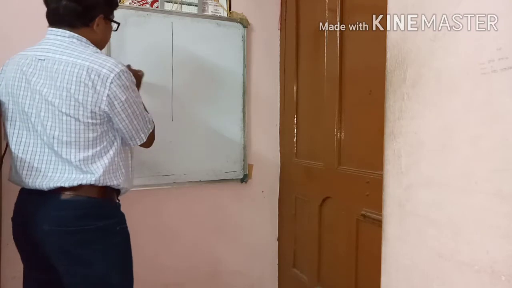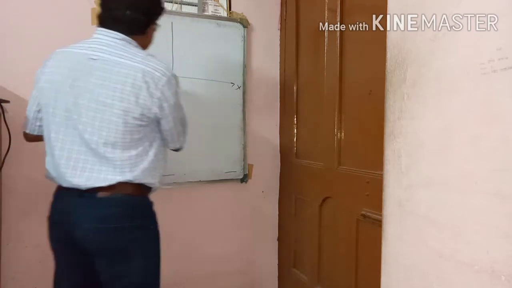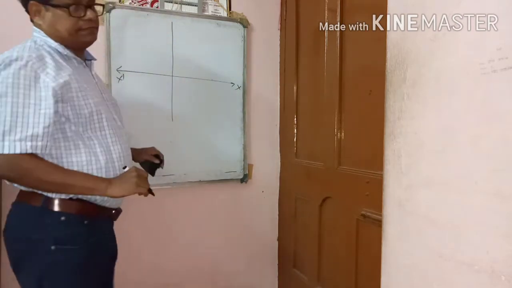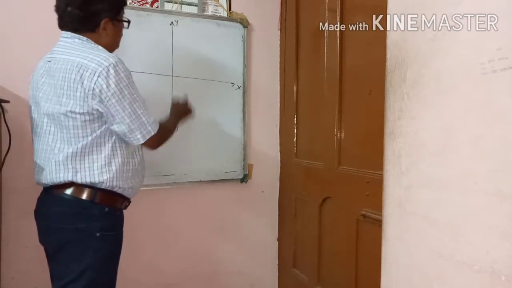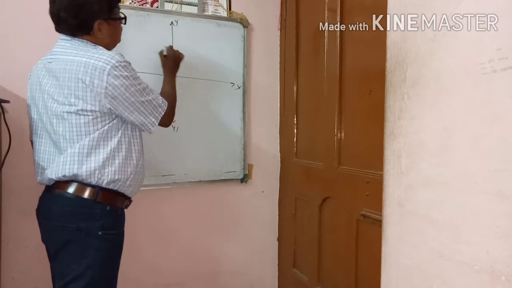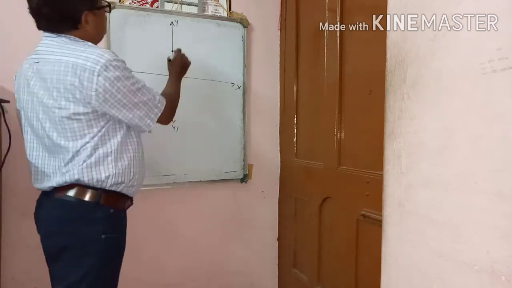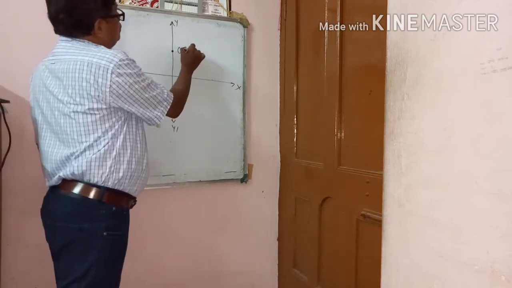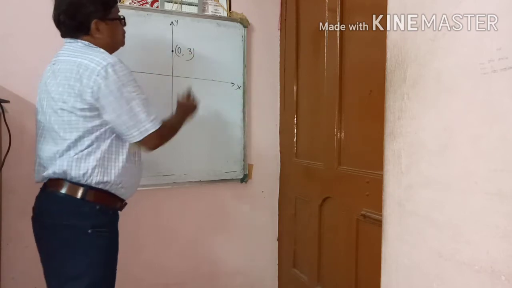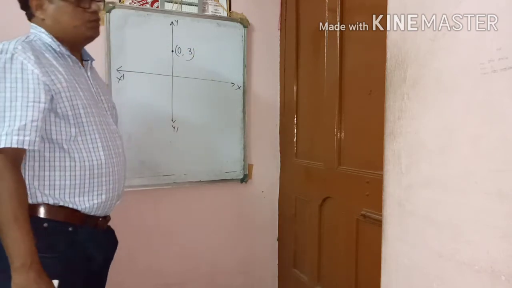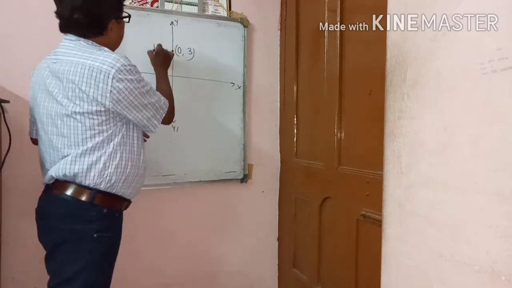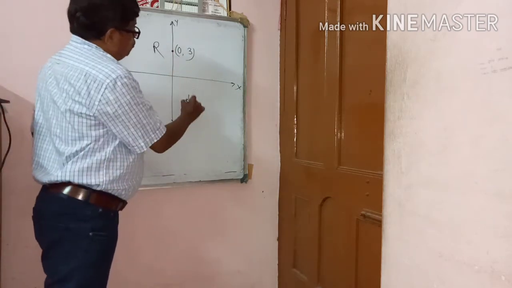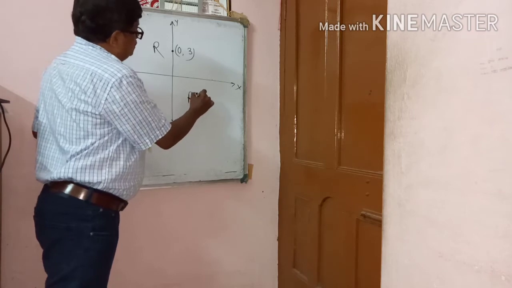Suppose the x-axis, x dash, y, y dash are given, and one point is given, R (0, 3).